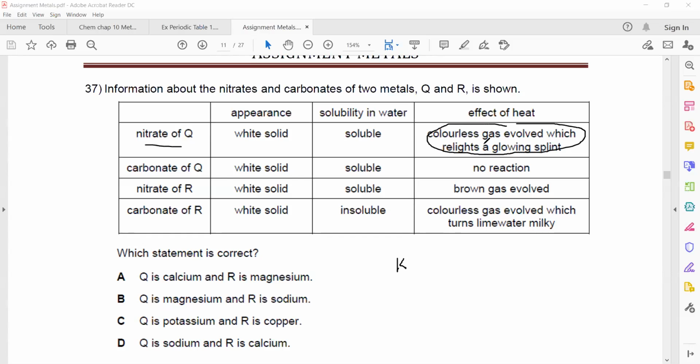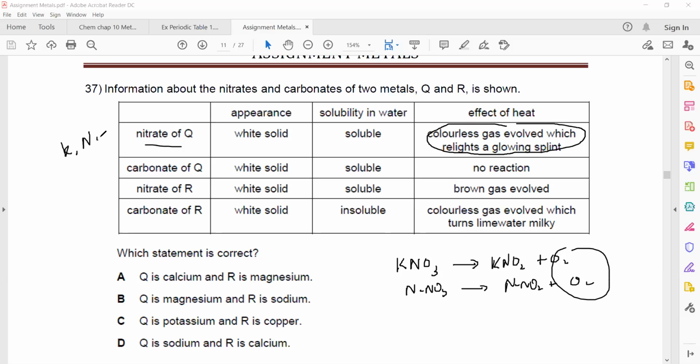So a brown gas is there, but a colorless gas is only given off when you supply heat energy to potassium nitrate, because this will form potassium nitrite plus oxygen. And if you supply heat energy to sodium nitrate, it will form sodium nitrite plus oxygen. So in both cases, the colorless gas is oxygen. So the Q can be potassium or sodium.